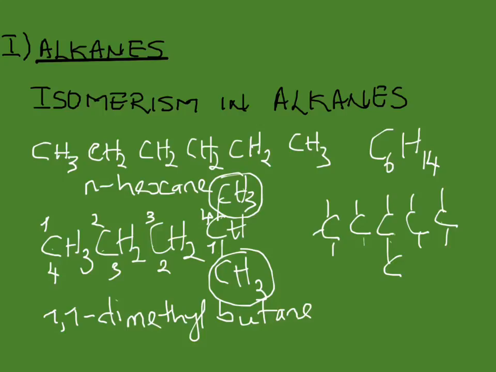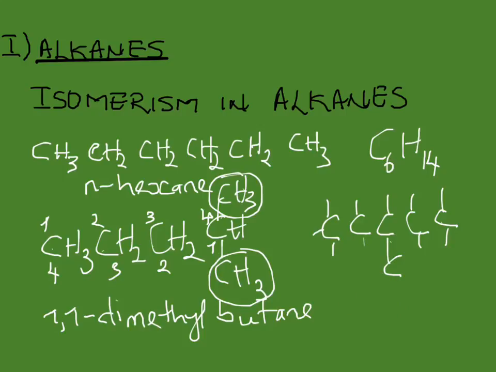Still on carbon 3. Which means it's going to be 3-methyl, 3-methyl what? 3-methylpentane. 5 carbon atoms is pentane. So now that we have an example, as we go further, you understand more of what we're trying to say.